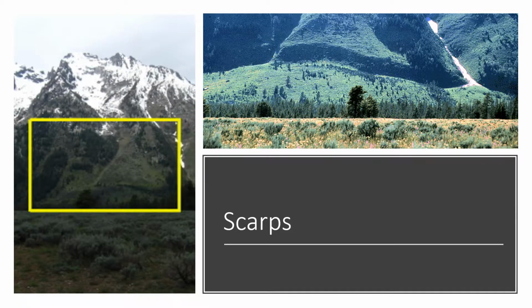In this slide right here, we have a close-up of the eastern slope of the Teton Range. And the Teton Range is very new by mountain standards. Evidence suggests that most of the uplift has occurred in the last few million years.